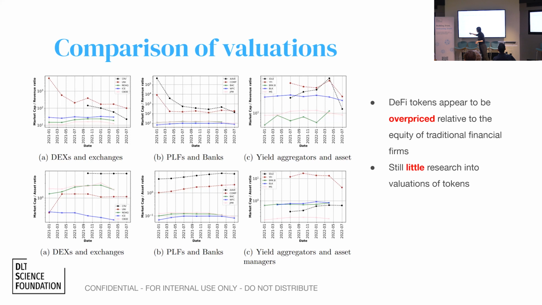With decentralized exchanges, it's a little bit more mixed. Okay, Uni in this particular case, market cap to asset ratio seems to be within the range of other multiples of traditional finance. And with yield aggregators, it seems that Yearn Finance is more overvalued compared with Idle.